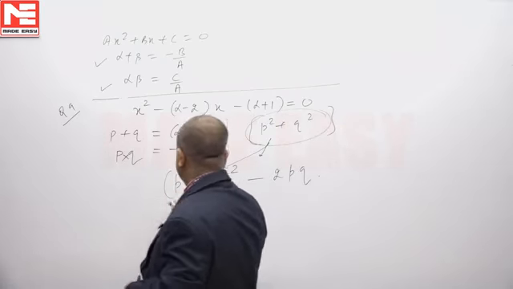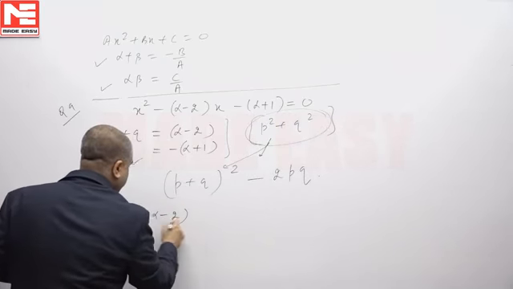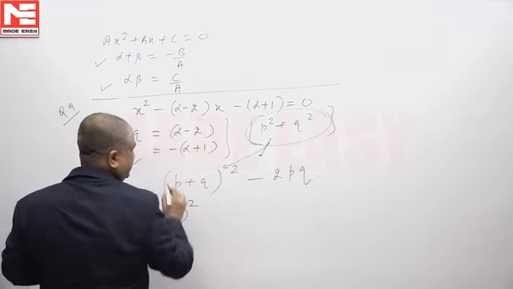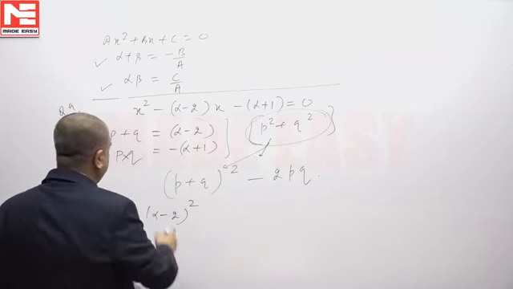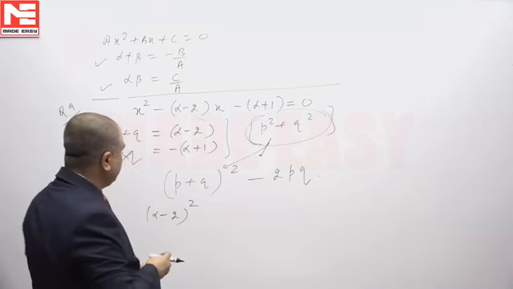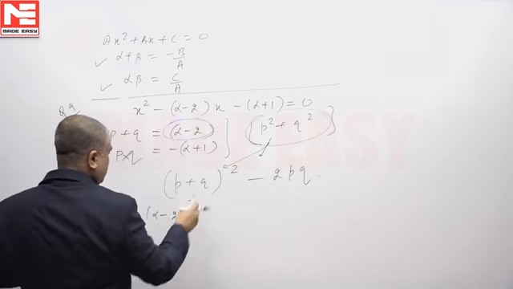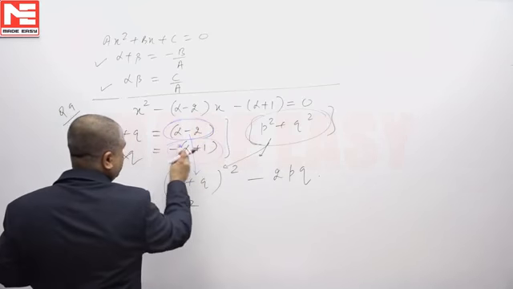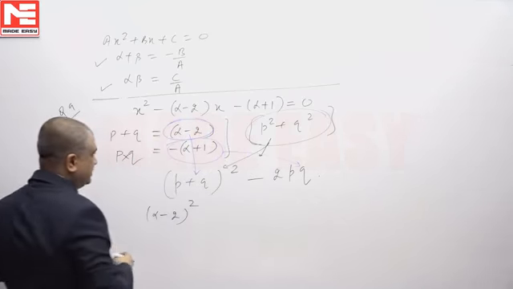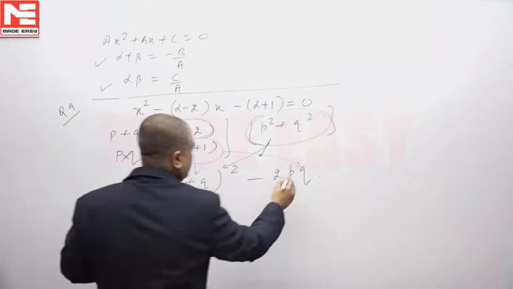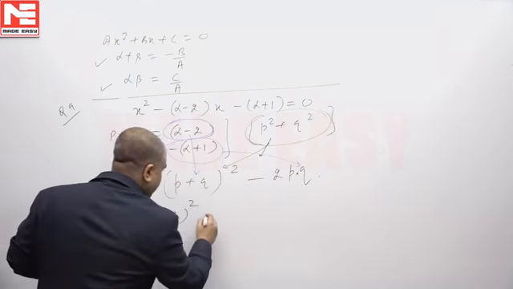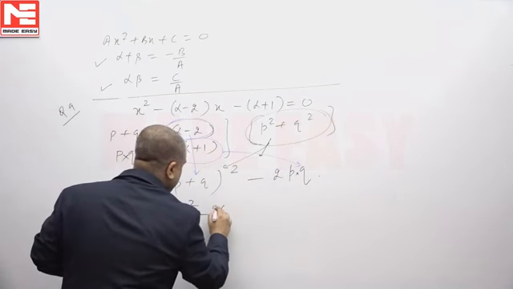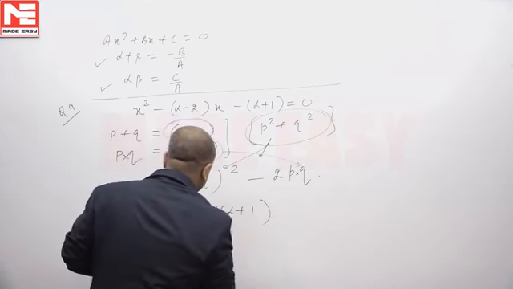So we have p plus q as alpha minus 2, and pq is minus alpha plus 1. So substituting here alpha minus 2, and p into q is minus of minus will make it plus 2 into alpha plus 1.